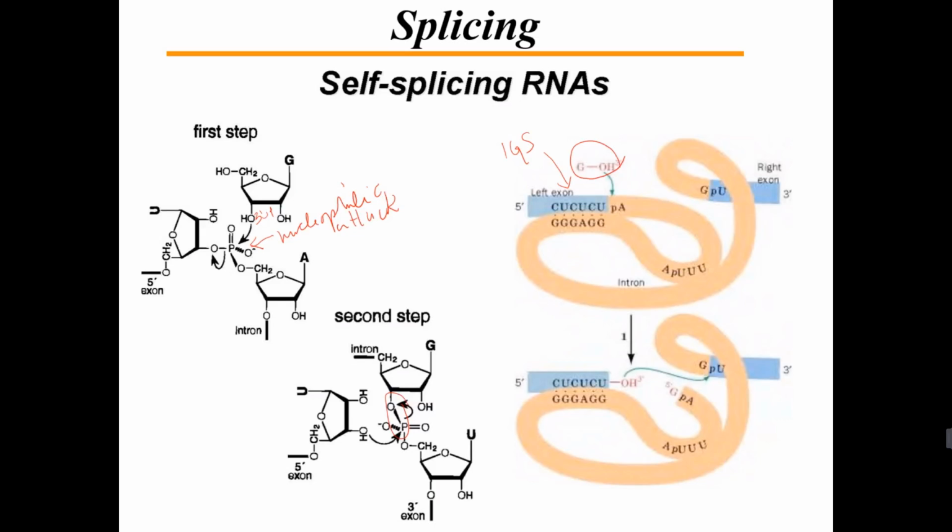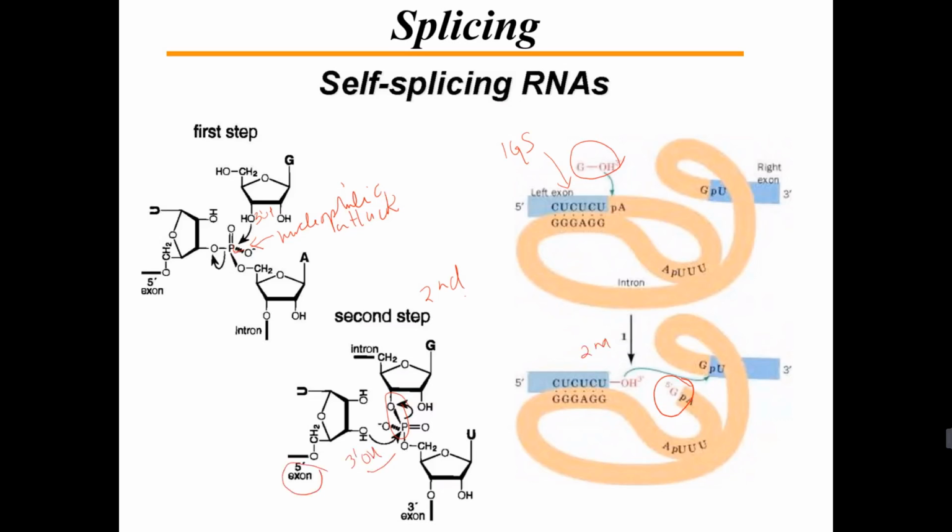And, oh, sorry, this is the first transesterification reaction. So we actually break a bond here and create a new one when we incorporate the G into that 5' end of the intron. And then finally, for the second transesterification reaction, we get nucleophilic attack by the 3' hydroxyl of the first exon.